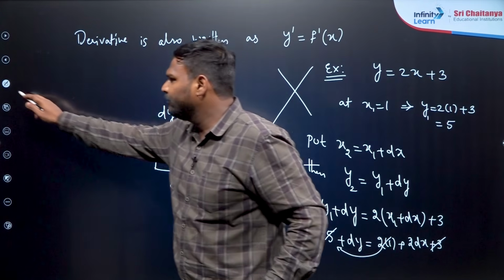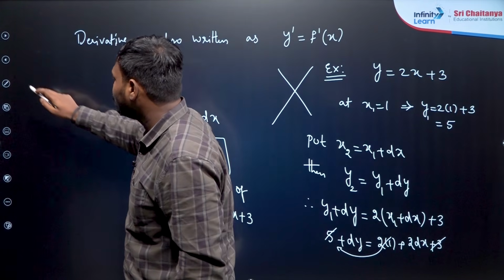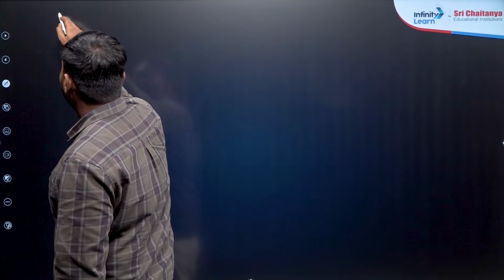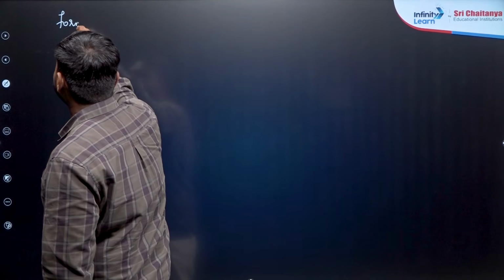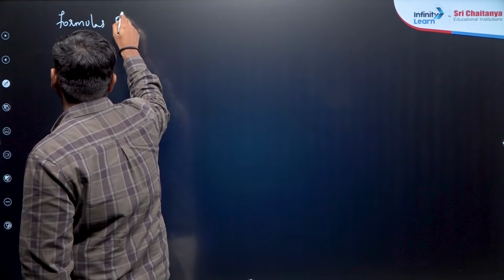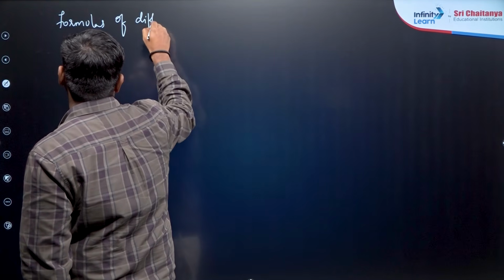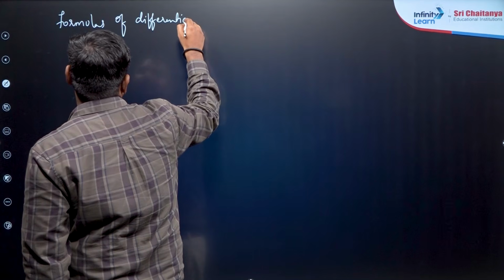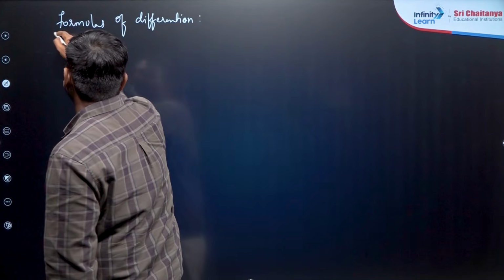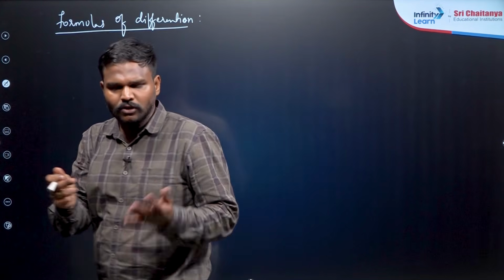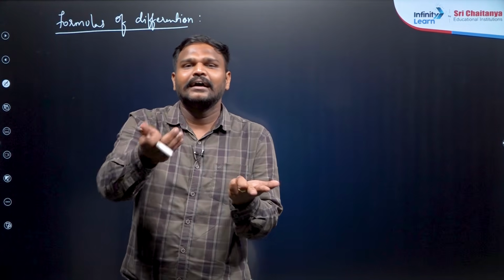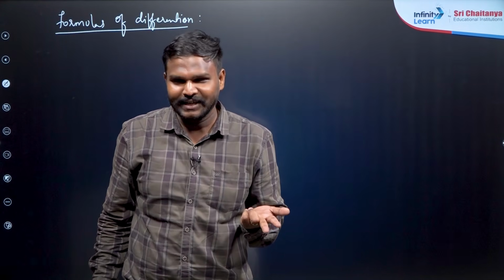Right. So now in mathematics there are some derivations. Based on those derivations we have come up with formulas of differentiation, sir. In physics, we are only focusing on learning the formulas and applying them in different questions, right?